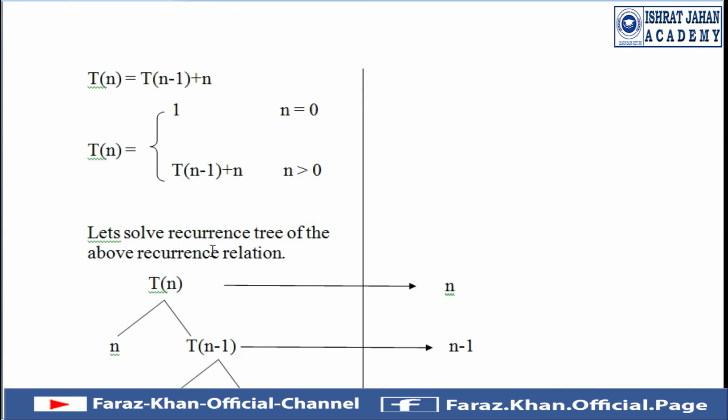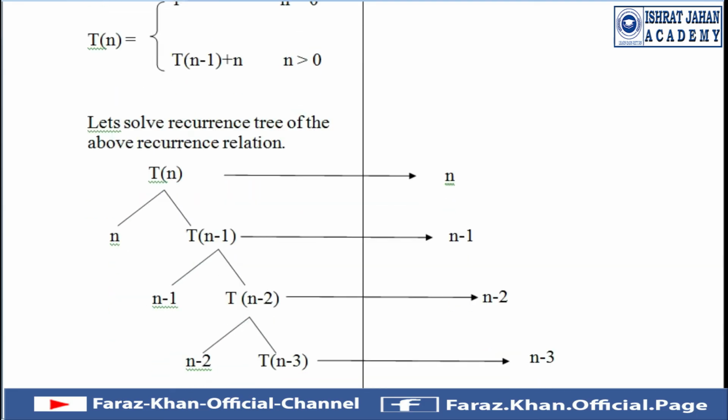So let's solve this recurrence relation tree. Now T(n) is T(n minus 1) plus 1. Now again it will call itself, so it will become n and n minus 1.